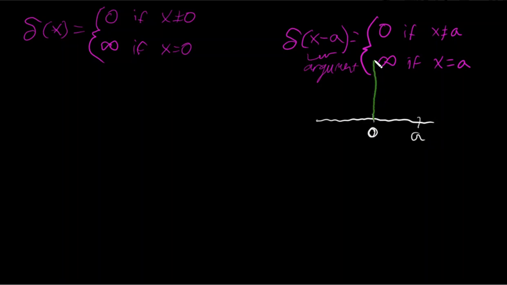Delta function just looks like this, right? This would be delta of x, and the delta of x minus a is just shifted over to the right by a, and it would look something like this.